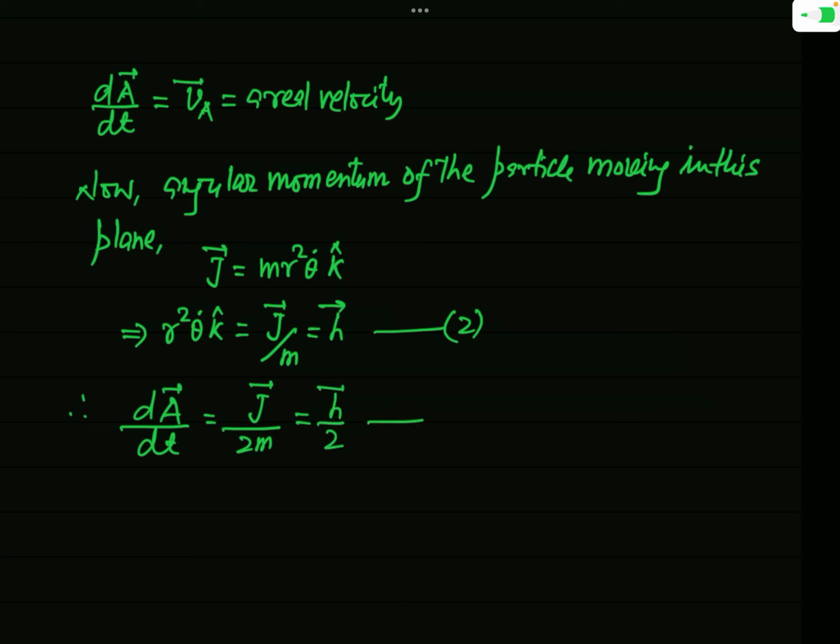But we have seen in the previous lecture that angular momentum J of the particle remains constant when it moves in a central force field. So J in the RHS is a constant, and m is the mass of the particle, and in classical physics mass is constant. So the RHS of this equation 3 is constant.